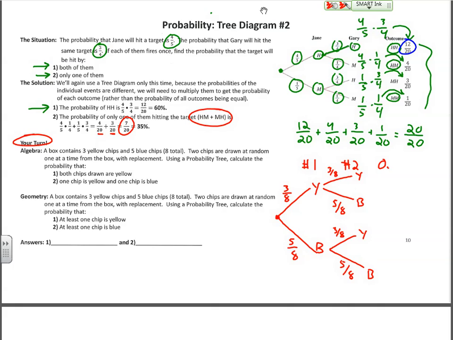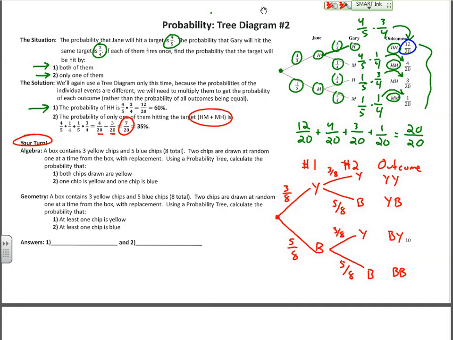So now on our outcome column, right, what's the probability of getting a yellow and then a yellow? What's the probability of getting a yellow and then a blue? What's the probability of getting a blue and then a yellow? Or a blue and a blue?